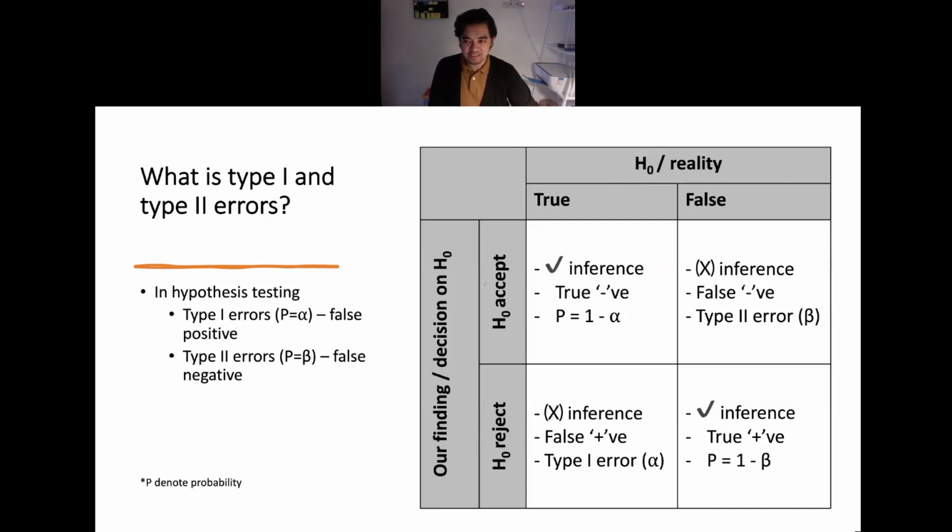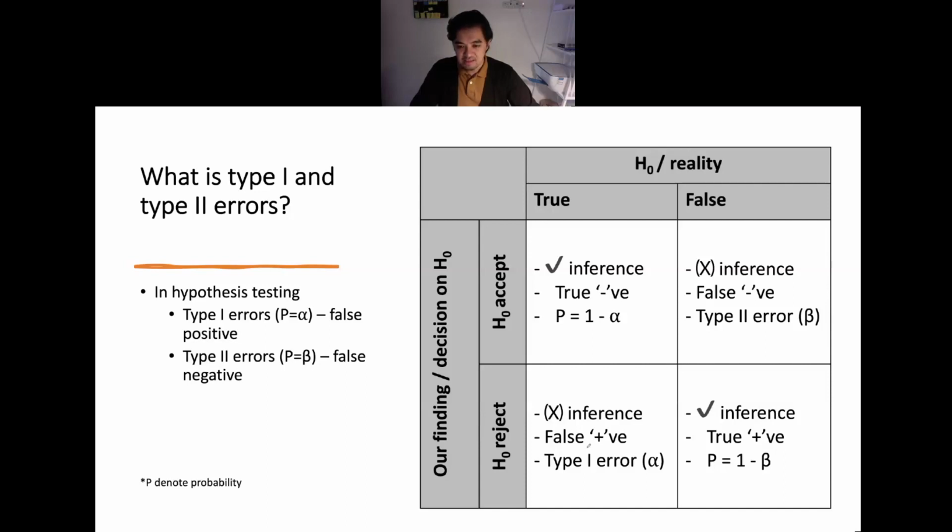If your finding turns out to disagree with the reality, you have committed a false negative, also called a type 2 error or beta. If you reject the null hypothesis but in reality it turns out to be true, you have committed a false positive error, also called a type 1 error in hypothesis testing.